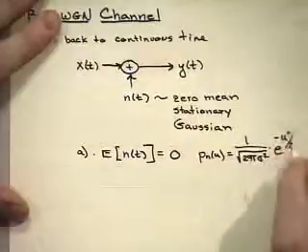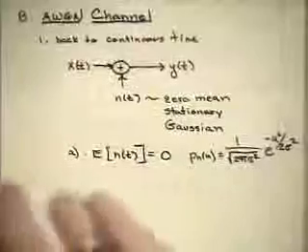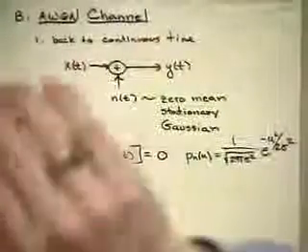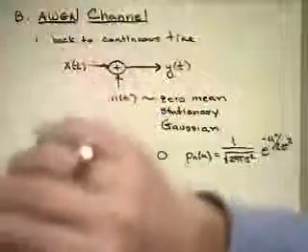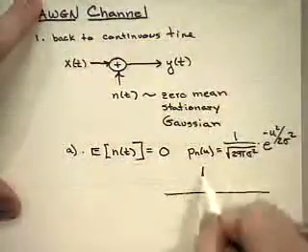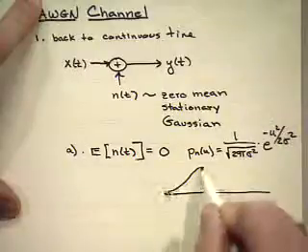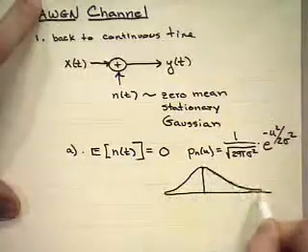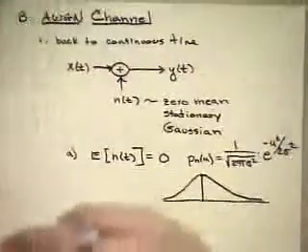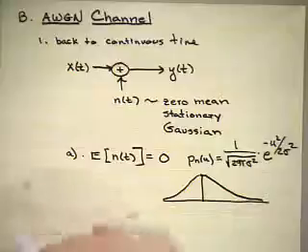Then e to the minus u squared over 2 sigma squared. So it's an exponential type of distribution. It decays very rapidly for large u values, either positive or negative. It gets to 0 quickly. So if you were to draw a picture of it, small values of noise are very highly probable, and larger values of noise are increasingly less likely. So that's a reasonable assumption to make perhaps for noise.